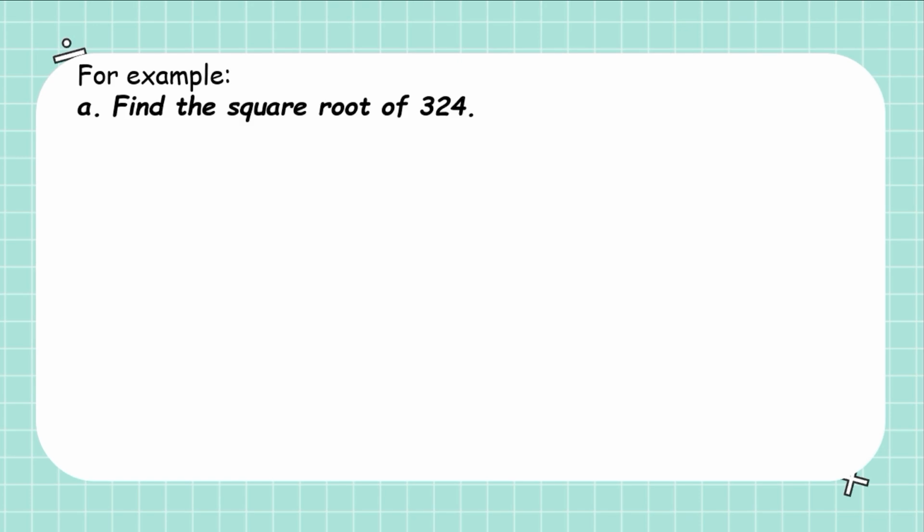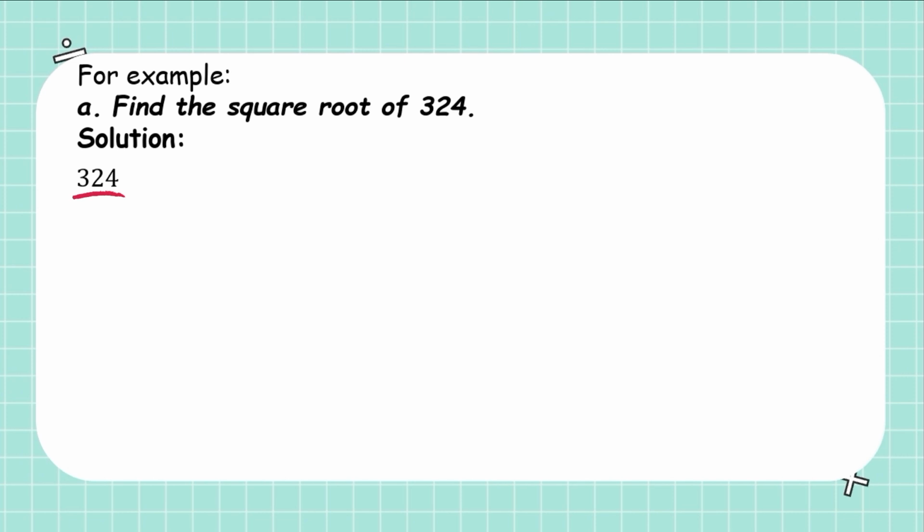To find the square root of 324, we have to reduce this number 324 to its prime factors. So let us start reducing the number 324 into prime factors. Prime factors are the factors of this number 324 which are prime.